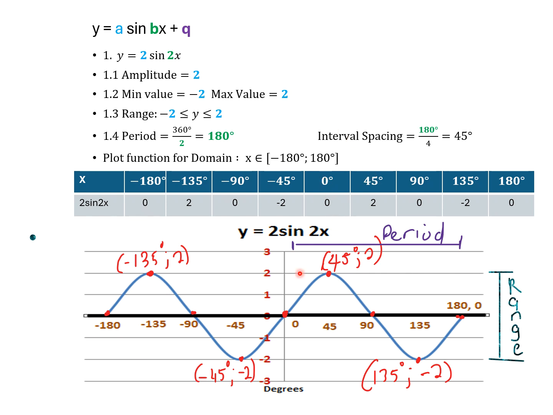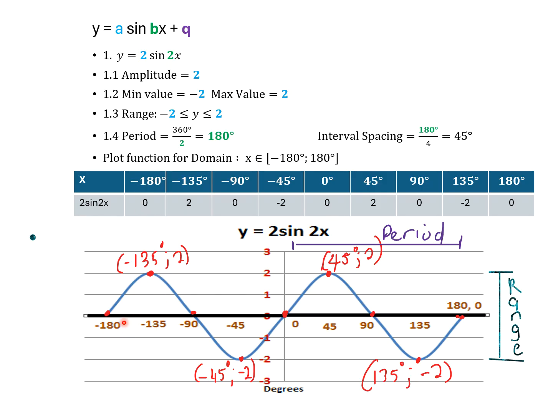Right, so if I plot now, you see there's 0 and 0, 45 and 2, 90 and 0, 135 and negative 2, and 180 and 0. On the other side, I have minus 45 and negative 2, negative 90 and 0, minus 135 and 2, and minus 180 and 0.